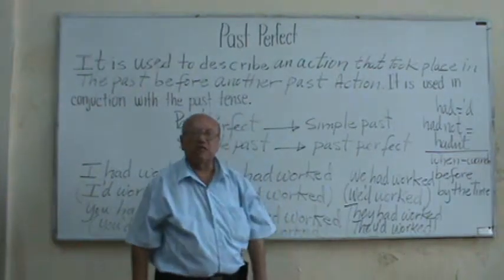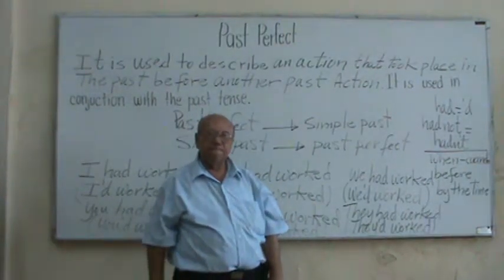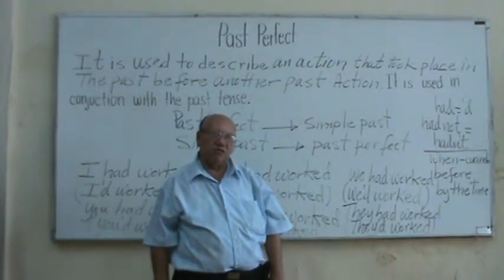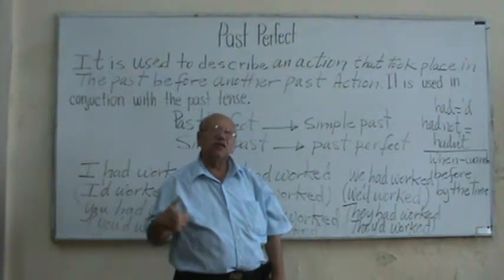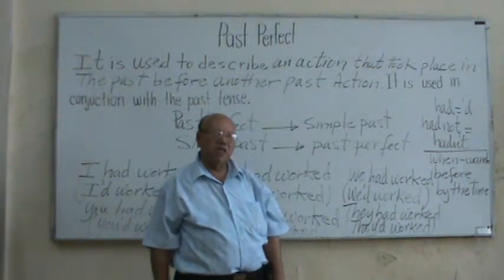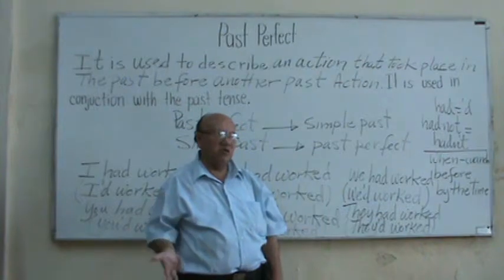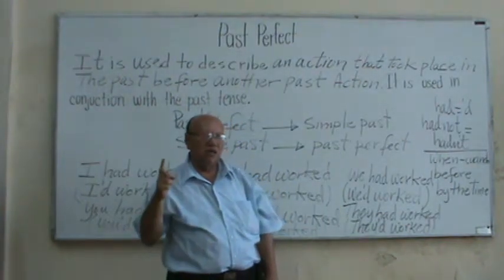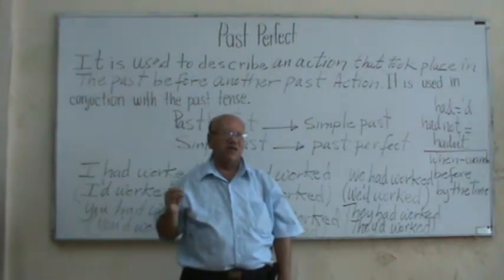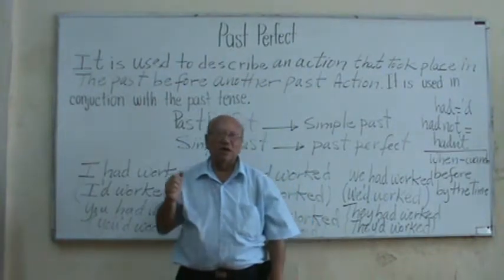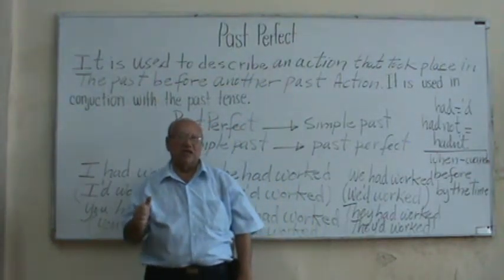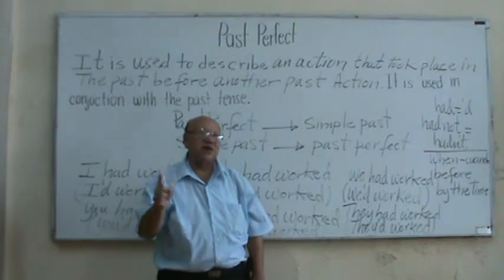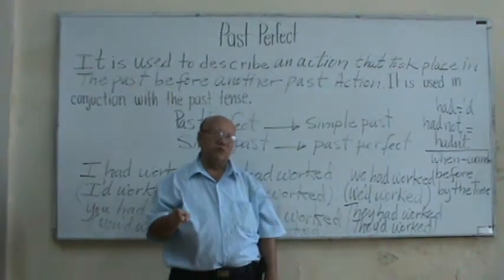Had they worked? Etc. In the case of negatives, we are going to use hadn't before the subjects. Hadn't I? Hadn't you? Hadn't he? Hadn't she? Hadn't it? Hadn't we? Hadn't you? Hadn't they? And then the past participle of the main verb.